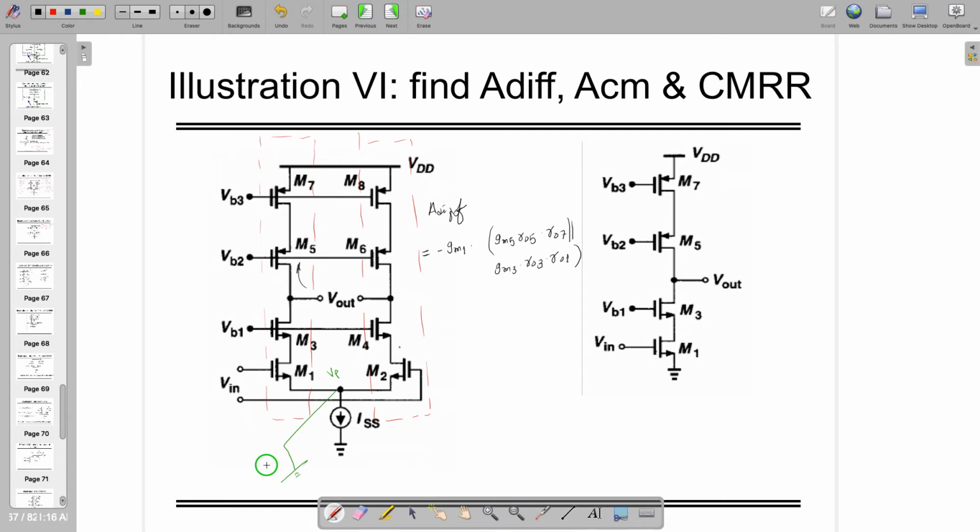So this is your differential gain. If you take it mod, the sign will not be there.